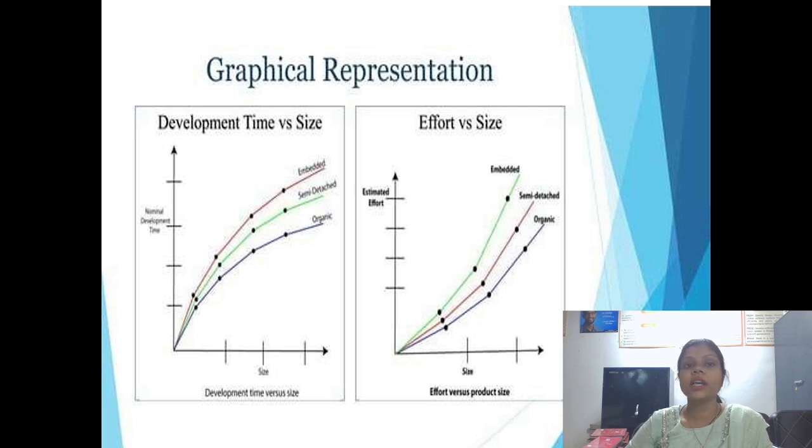We can see development time versus size and effort versus size. Both graphs are present. Development time versus size we have calculated for organic, semi-detached and embedded complexity. Normal persons for development time, or time versus size, or effort versus product size were also there, we can see from our graph.